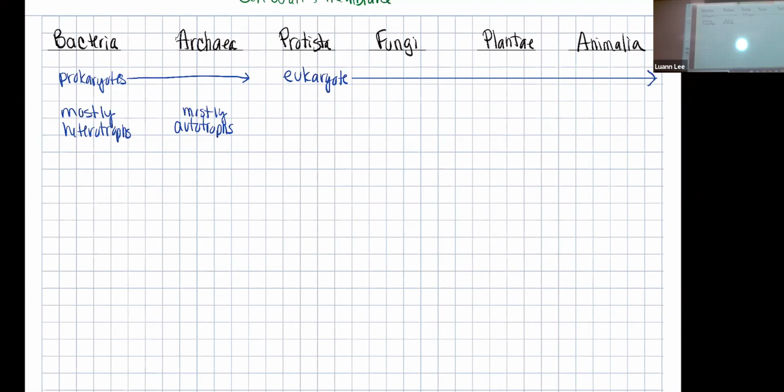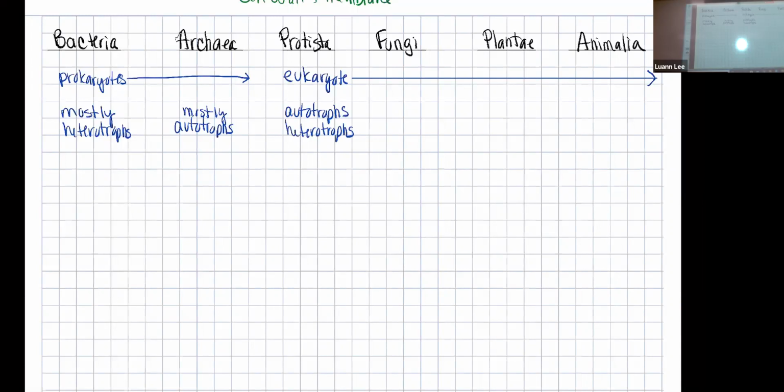Protists can be both. There are some protists like Euglena and some colonial algae like Volvox that do photosynthesis and make their own food.